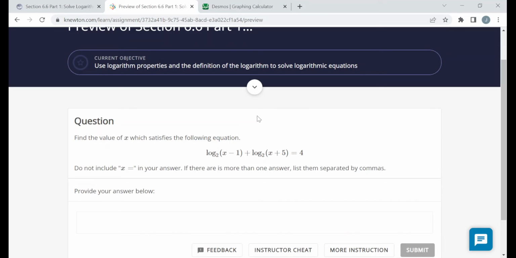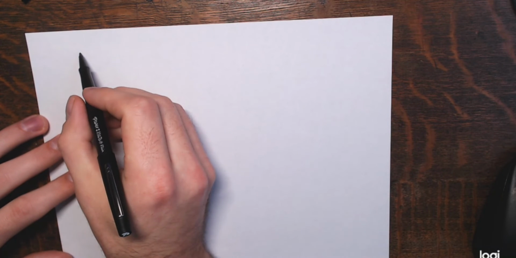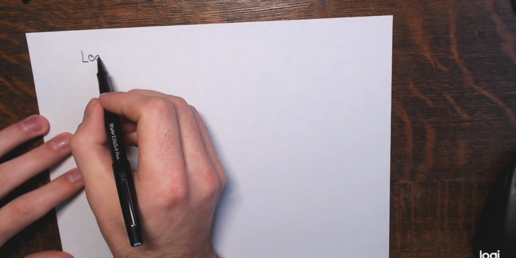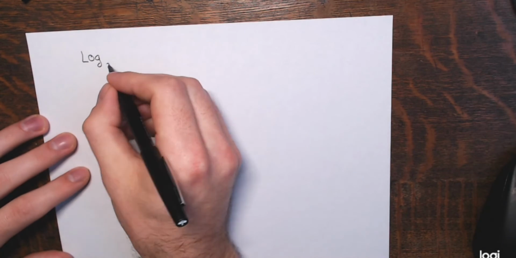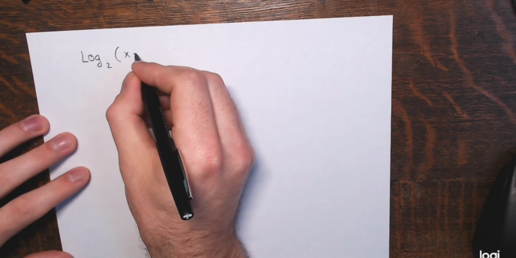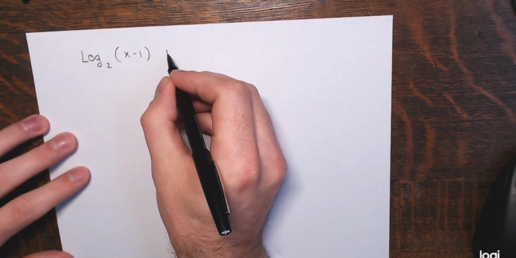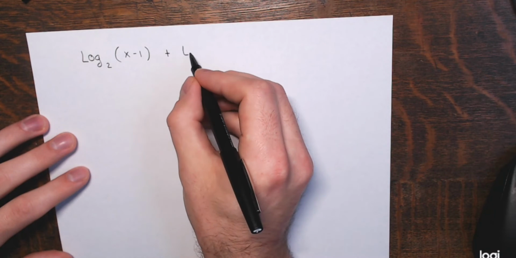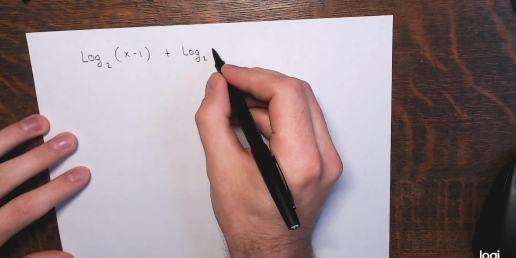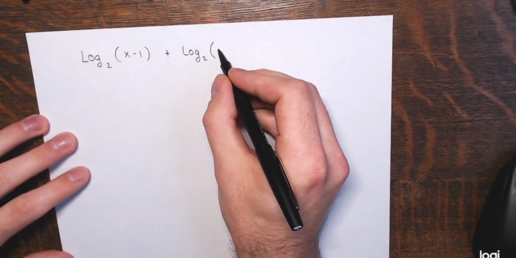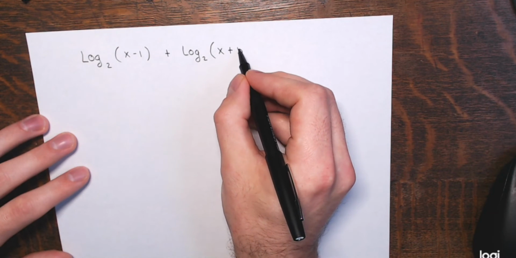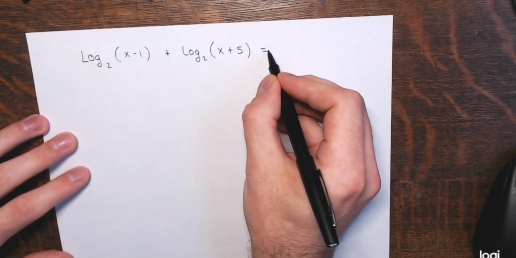If you couldn't follow what I was saying there, hopefully you'll follow these equations that I'm writing. The first equation we're given under this objective is the logarithm base 2 of x minus 1, plus the logarithm base 2 of x plus 5, equals 4.